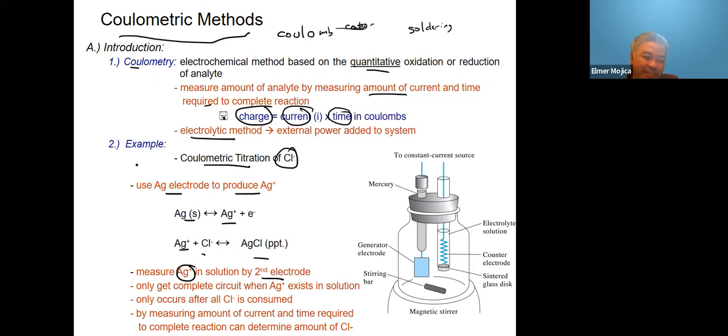So kapag hindi mo na-convert yung silver mo, silver metal to silver ion, walang nangyayaring reaction. Okay? So it only occurs after all the chloride is consumed. So you're measuring here the amount of current and time required for the complete reaction. And then you can determine the amount of the chloride ion.